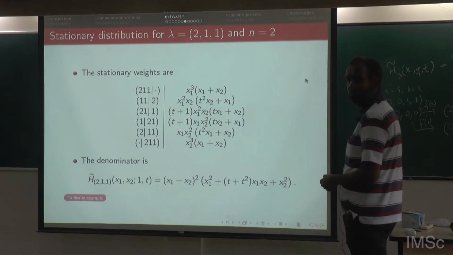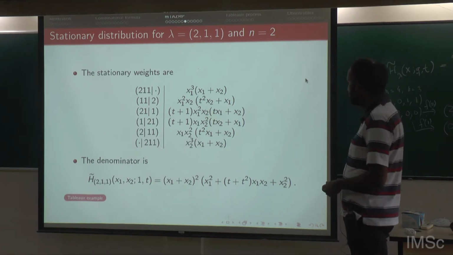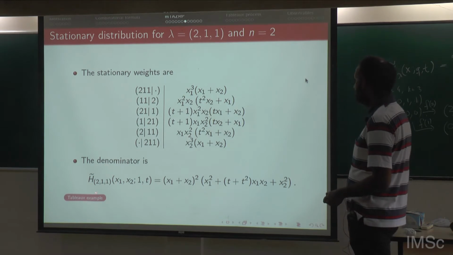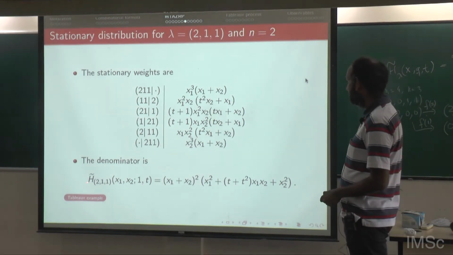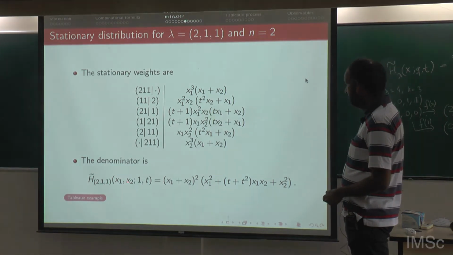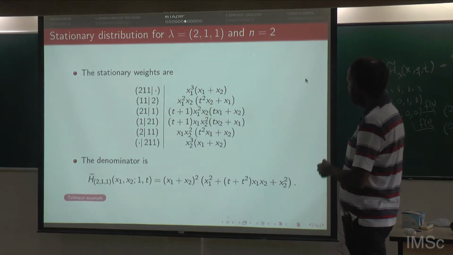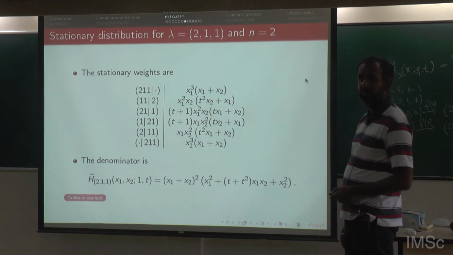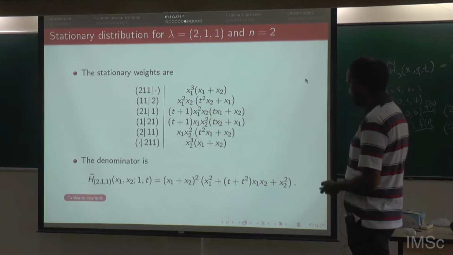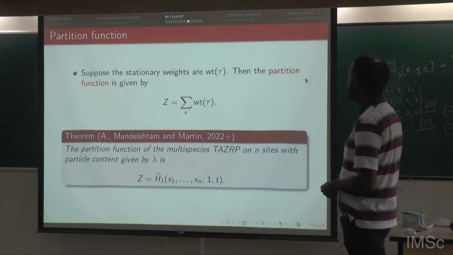And if you sum all of them, you will get exactly the modified Macdonald polynomial with 2, 1, 1 in x1 and x2, because there are only 2 sites, q equal to 1, and t being this extra parameter. And that is the content of the theorem.